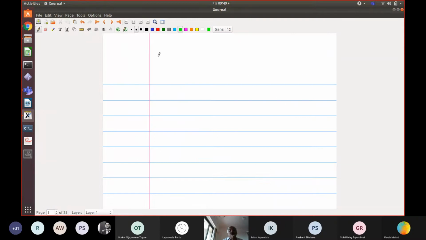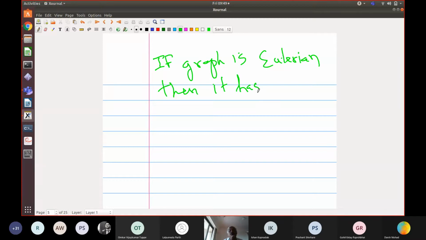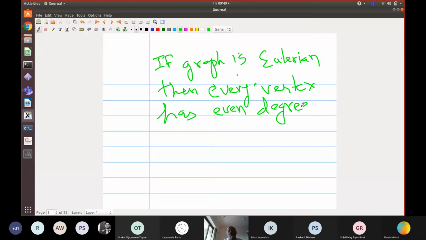If a graph is Eulerian, then it has every vertex of even degree. That is, an even number of edges connected to it.